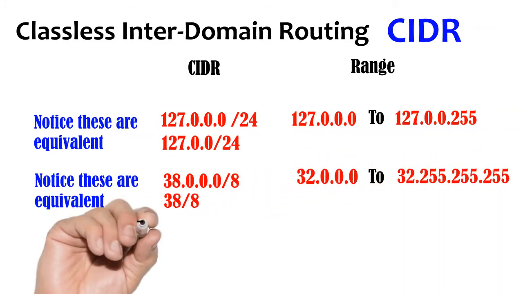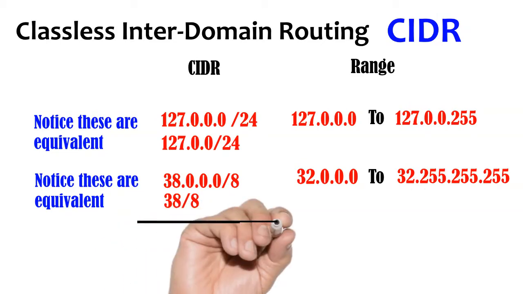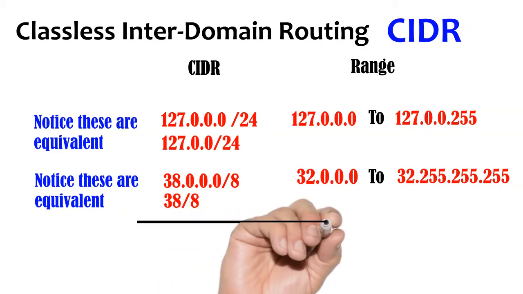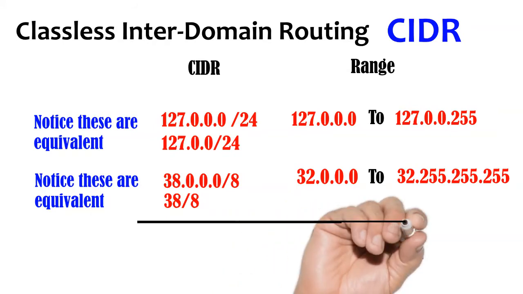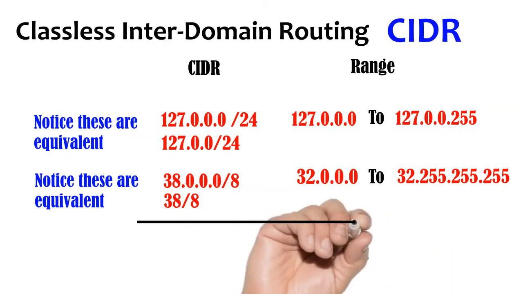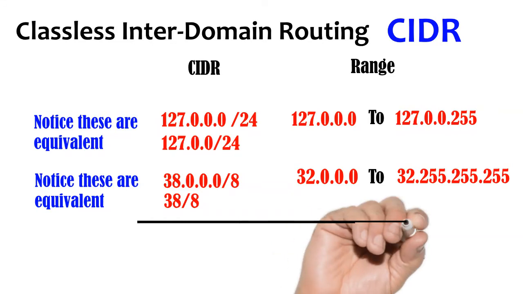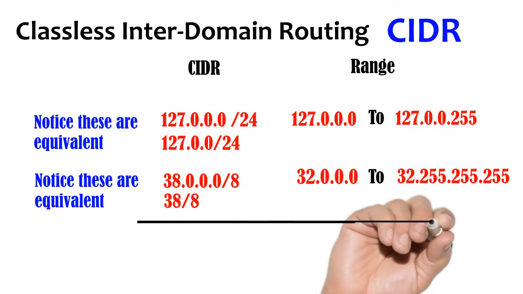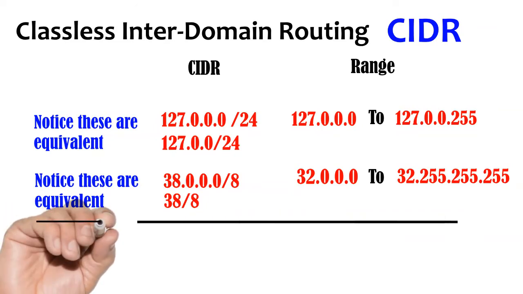It can be represented as 127.0.0/24, and in other words, the /24 represents the immutable portion of the bits that represent the network ID. What I mean by immutable is it cannot be changed or manipulated. This allows the balance of the bits to be used in any combination of zeros and ones.